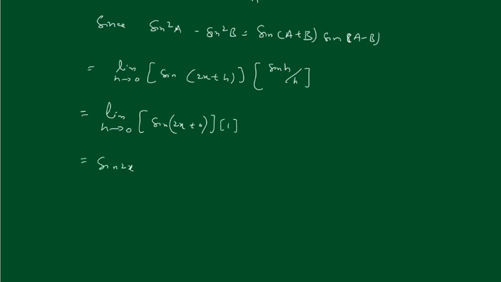So sine 2x, which is equal to 2 sine x into cos x, is nothing but derivative of sine square x, that is nothing but 2 sine x into cos x.